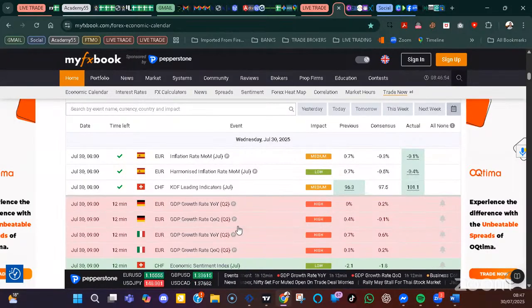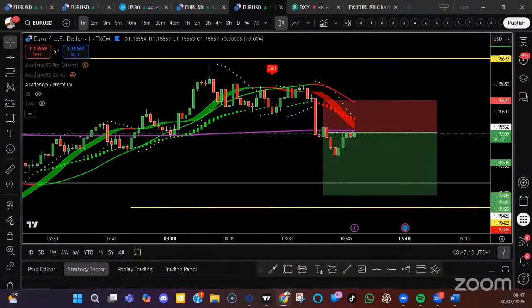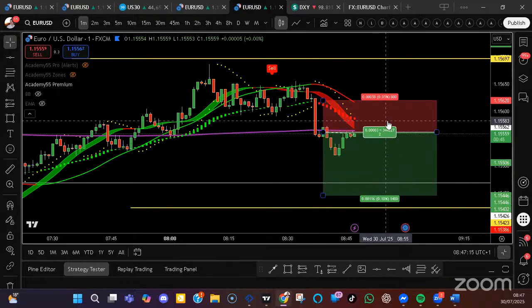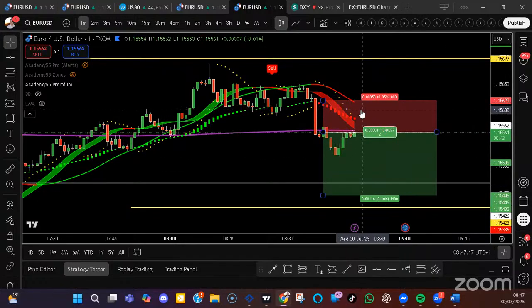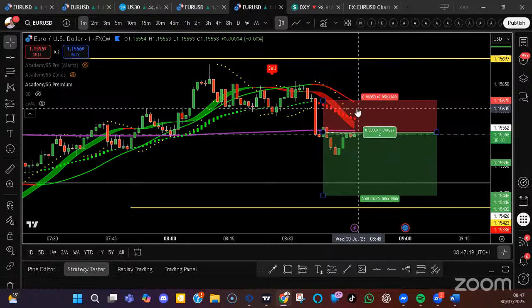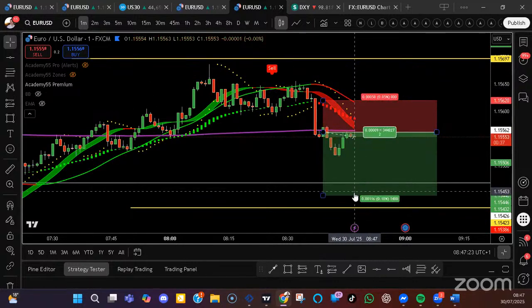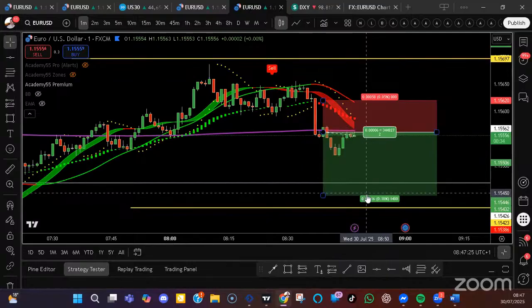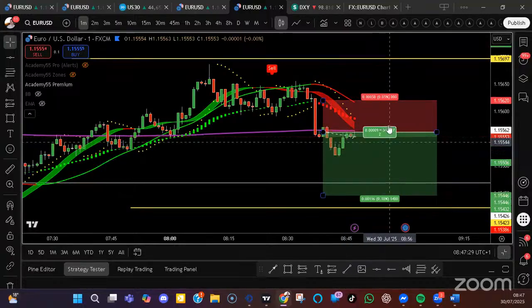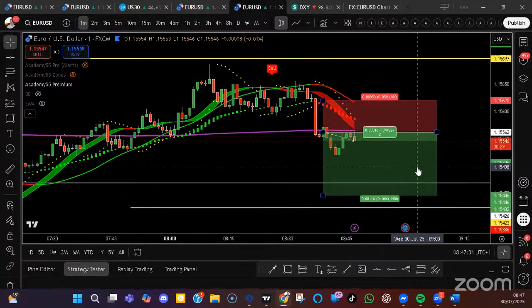I'm not suspecting that it's going to throw too many spanners in the works. But if we were like here, for example, and then 9 o'clock came, it might be just enough to take our stop loss, and consequently we'd be here and just about to take profit. So it's something to bear in mind.